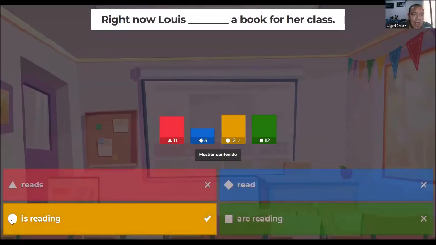In this sentence, we have the time expression at the beginning, right now. Then we have, right now, Louise is reading a book for her class.